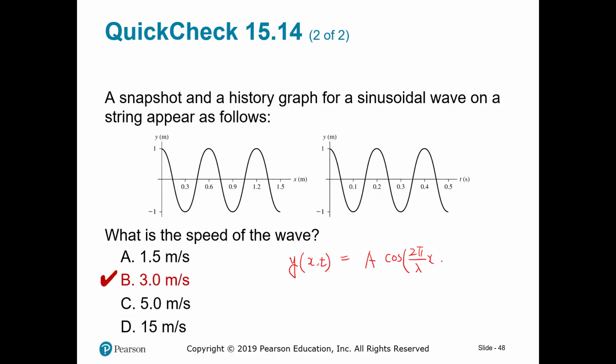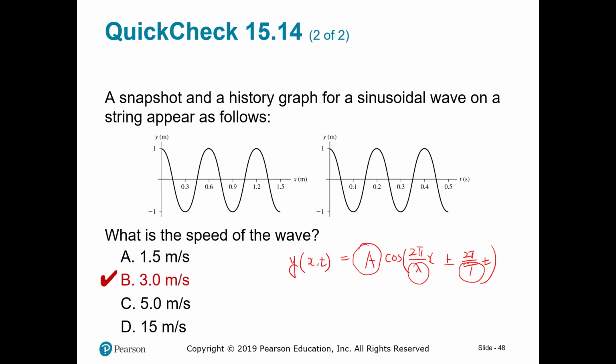If it's moving to the right, that's a minus; if it's moving to the left, it's a plus. So you have plus or minus 2 pi over period T times t. Again, in order to know this function, you need to know lambda and period T.